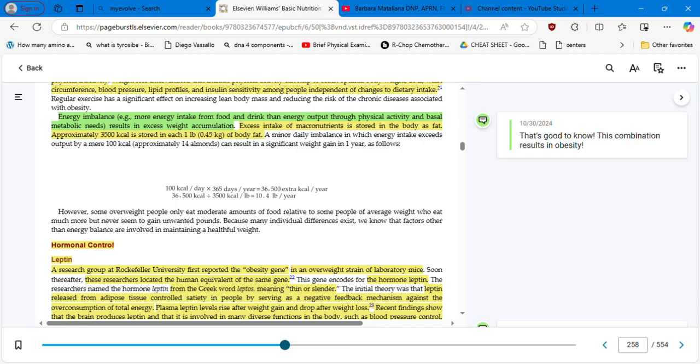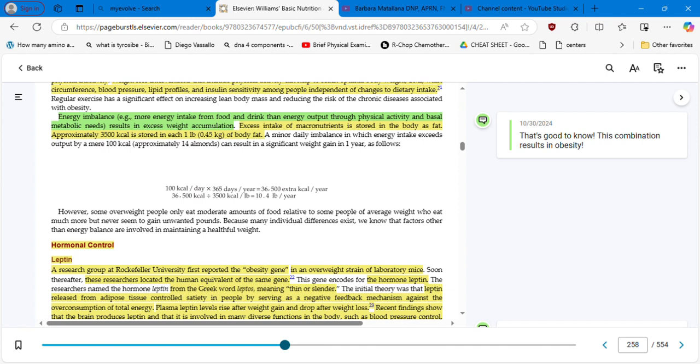Excess intake of macronutrients, proteins, carbs, or lipids is stored in the body as fat. Not only fat is stored as fat, but also proteins and carbs, okay? Approximately 3,500 kilocalories is stored in each 1 pound of body fat.